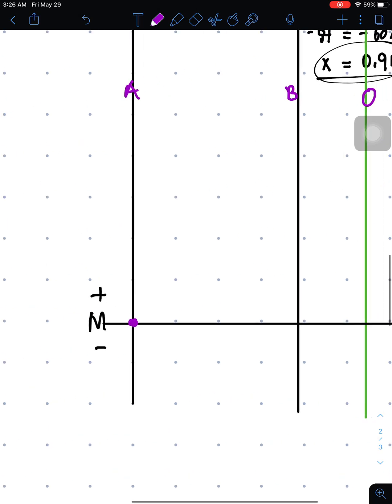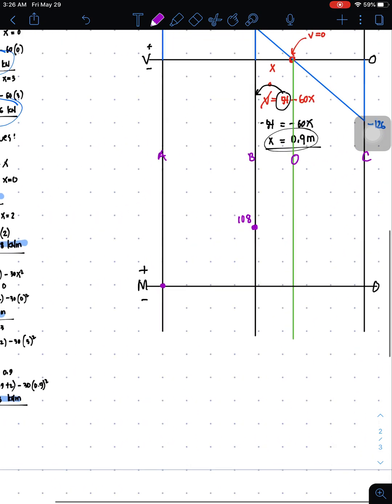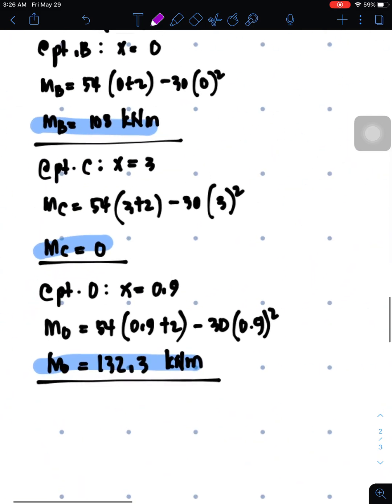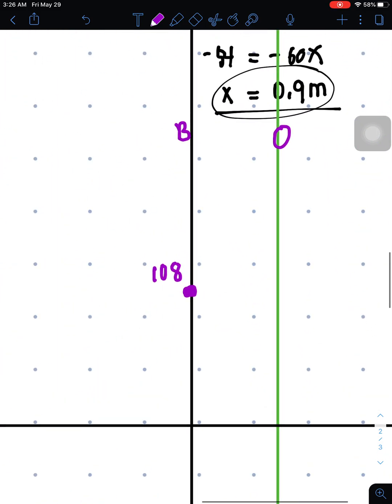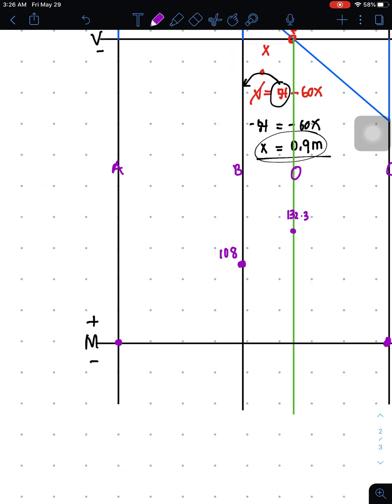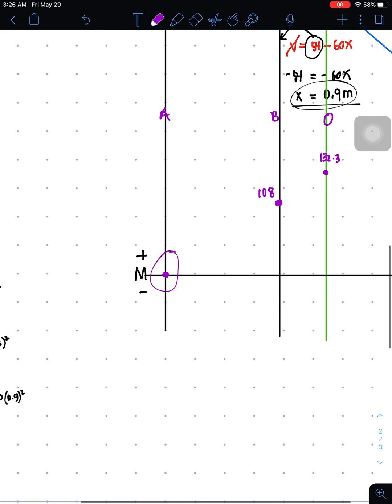MA is 0, then MB is 108, then MC is 0, and then MO is 132.3. So dire lang ako ibutang 132.3. Right, so how do we connect point A kani and point B?